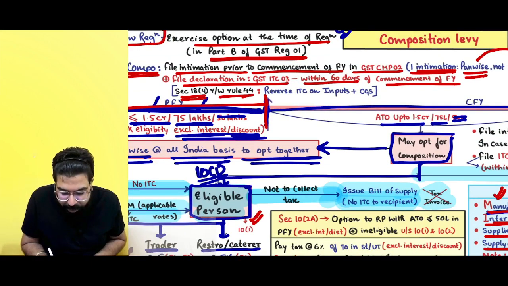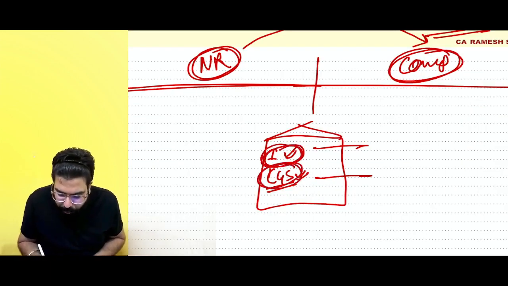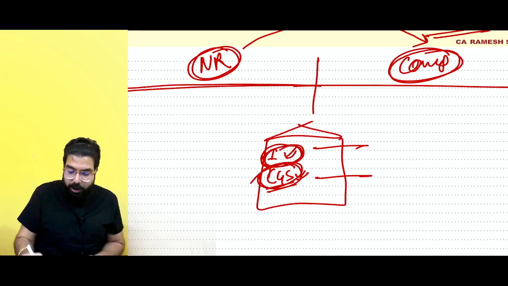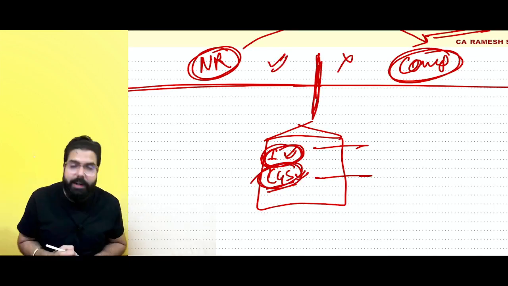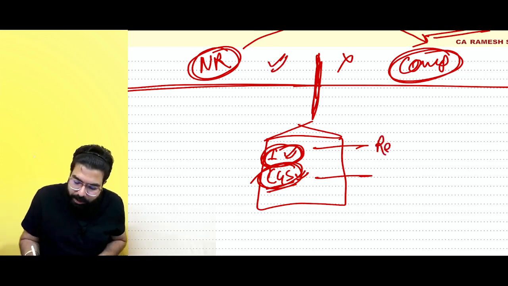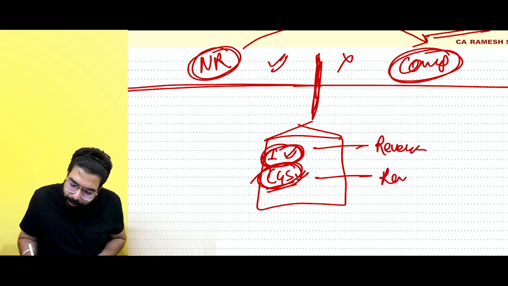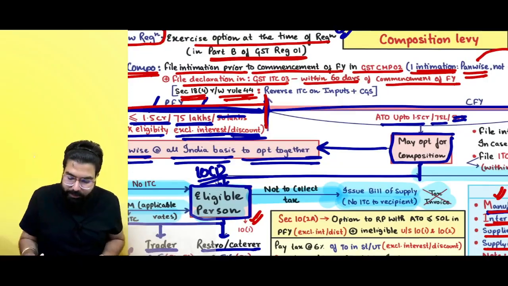Section 18(4) read with Rule 44 says all the ITC which you have taken on your input and capital goods, you have to reverse it, because as a composition dealer you are not eligible to take ITC. So when you are doing the reversal, you have to file ITC 03. That's the form to be filed. Done, sir. Point is clear.